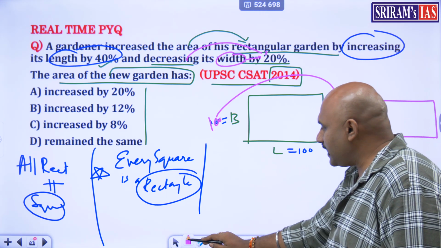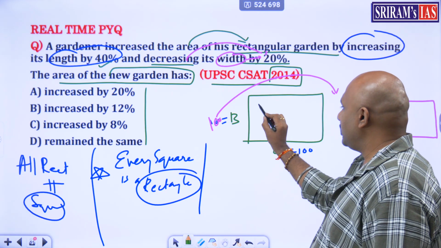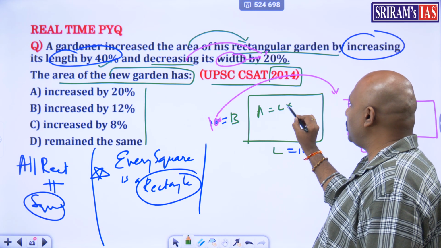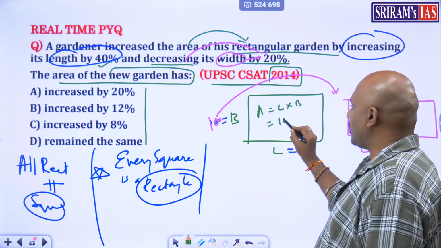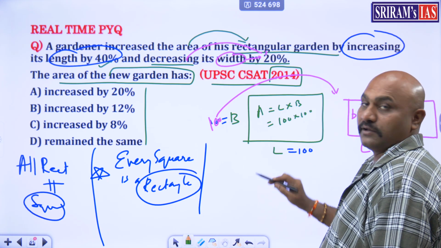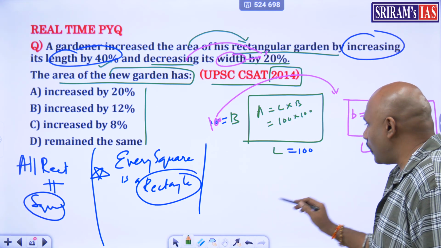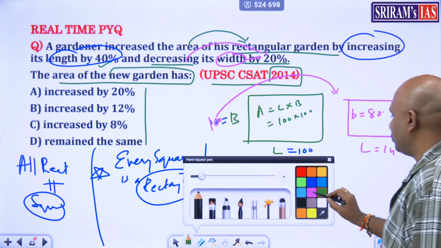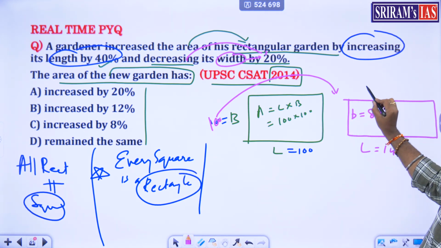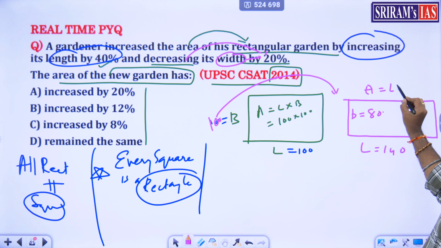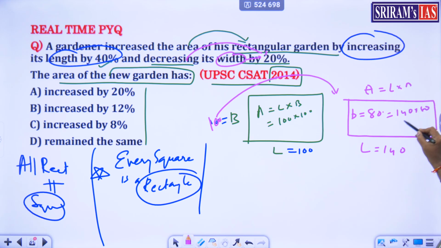Now, what is the area of the original version? Area is length into breadth, which is 100 into 100. Now, what is the new area? Again, area is equal to length into breadth, which is 140 into 80.